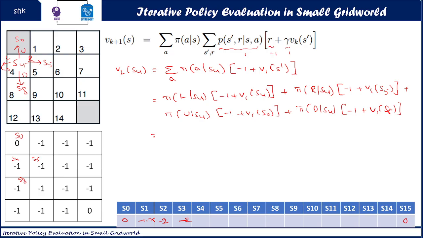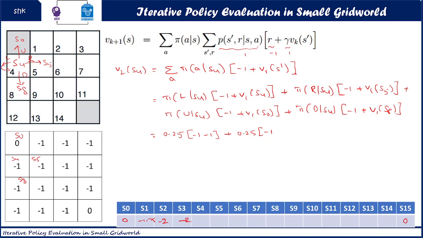Now, if you observe the cases, the value function V1 of S4 is minus 1 and V1 of S5 is minus 1, V1 of S0 is 0, V1 of S8 is minus 1. By substituting these values, we can write 0.25 into minus 1 plus V1 of S4, V1 of S4 is minus 1, plus the probability is 0.25 minus 1 plus V1 of S5.